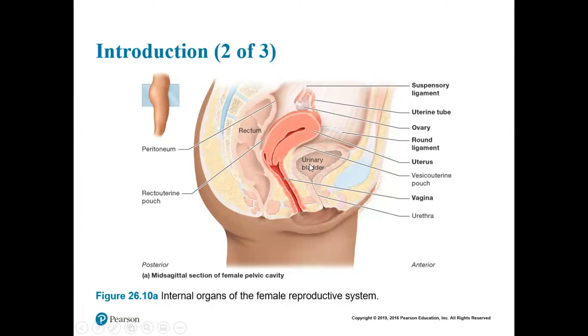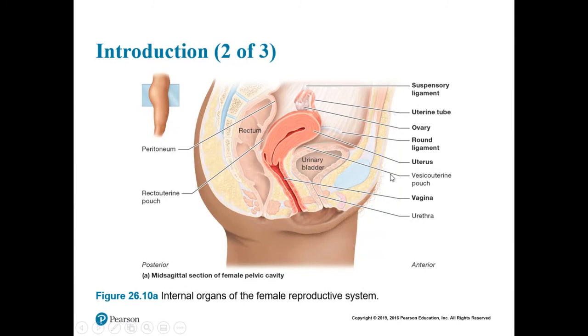Okay, so urinary bladder: notice the difference between male and female bladder. The female bladder is located anteriorly to the vagina. Therefore, the urethra does not merge with anything else within the vagina. They're two separate openings. Here's the vaginal opening, here's the urethral opening in females.